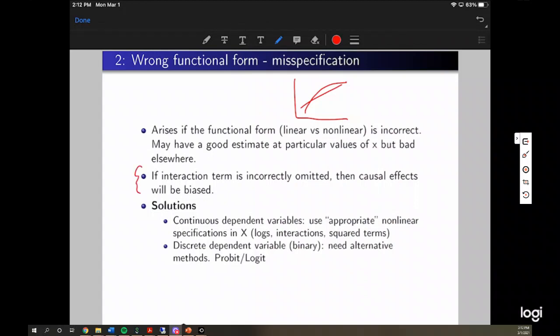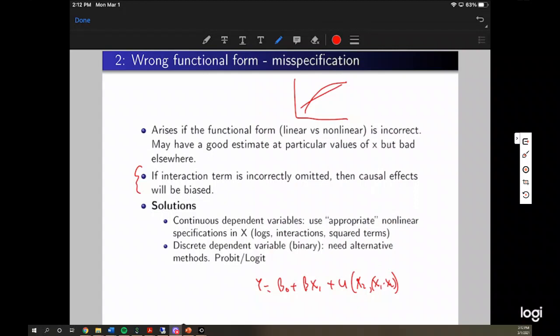That's an interesting one. Let's relate this one to omitted variable bias, right? So suppose y is a function of x1, but now suppose u, well, we know that u contains, I'm writing, u is a function of, let's say, x2 and x1 times x2. So u contains both x2 and the interaction of x1 and x2.